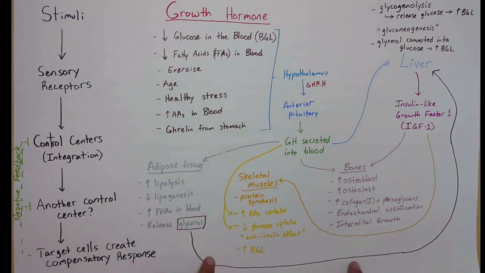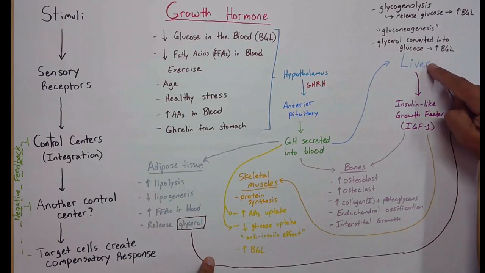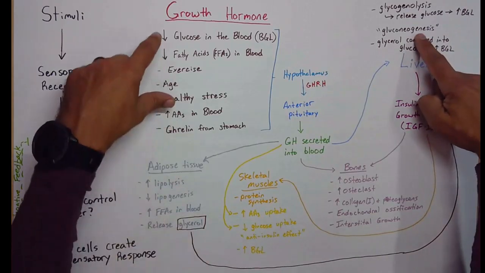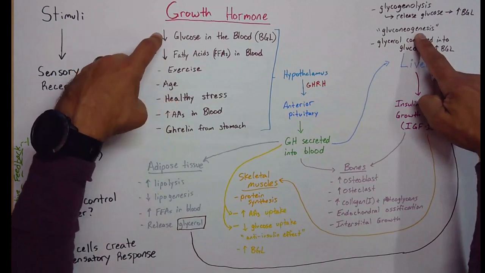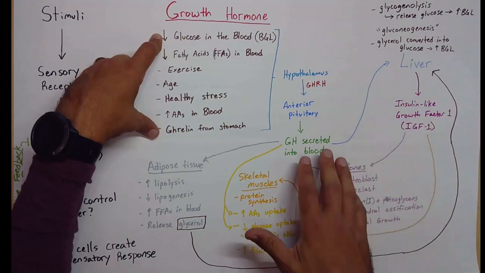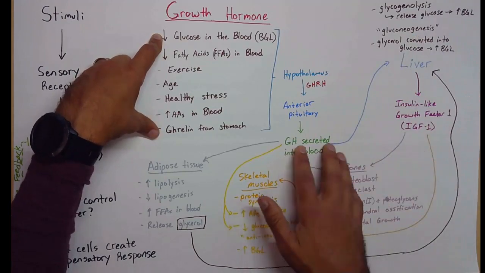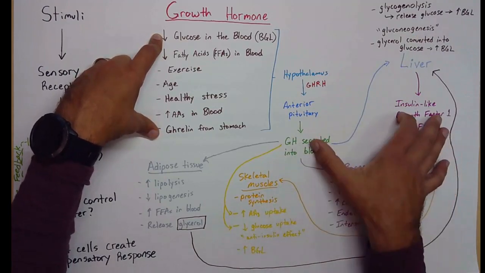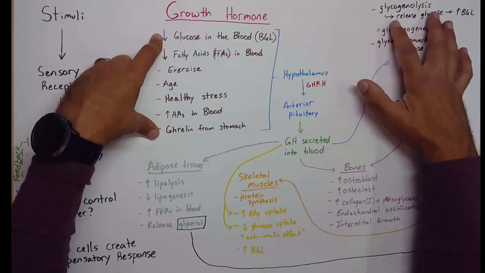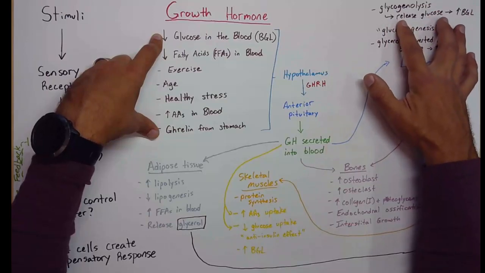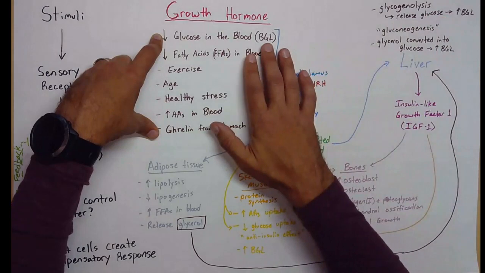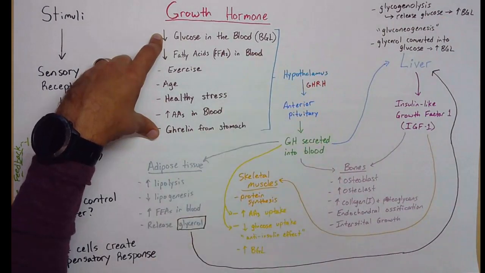The glycerol goes all the way back to the liver, where it's converted into glucose by gluconeogenesis, trying to enhance blood glucose levels, doing the opposite of the original stimulus. In addition, the growth hormone and the insulin-like growth factor act together to cause glycogenolysis, thus releasing more glucose from the liver, trying to bring those blood glucose levels back up again.